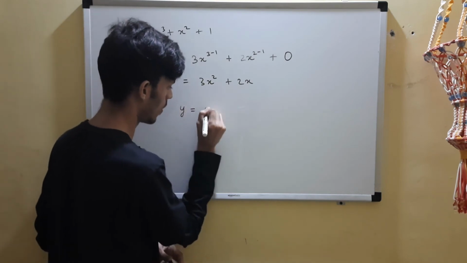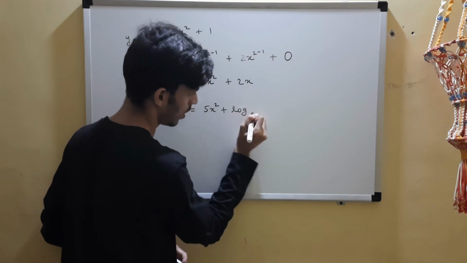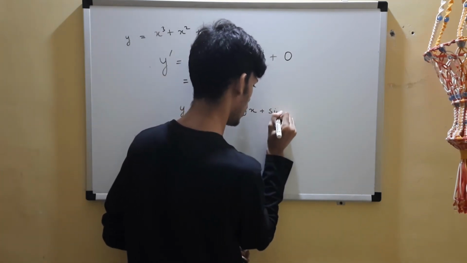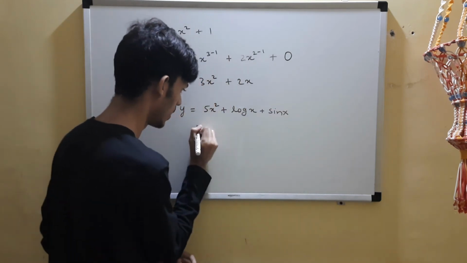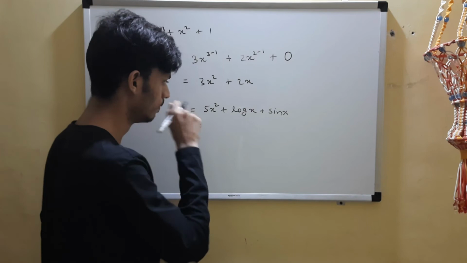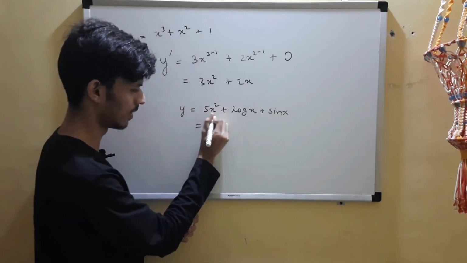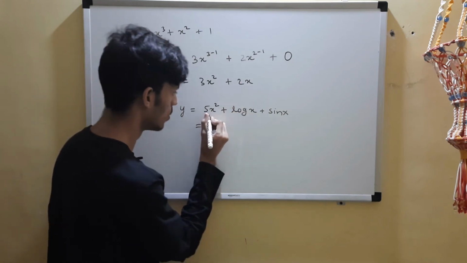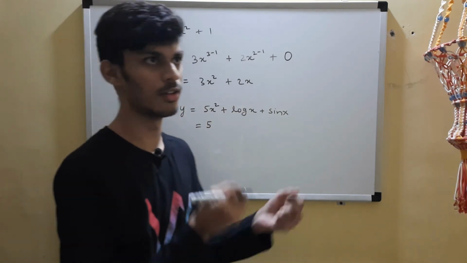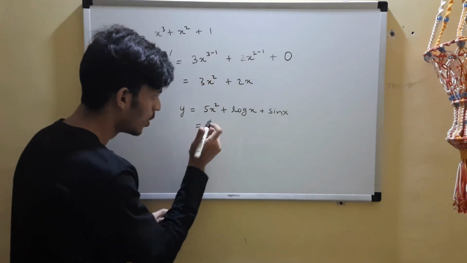What about 5x square plus log x plus sine x? You won't find this in physics, but since we did it today, we are practicing. 5x square is something like kx square, so you can remove that k out. For any function, if it's in multiplication, the constant you can remove out. So you remove out 5.